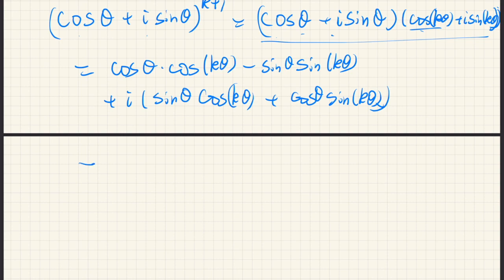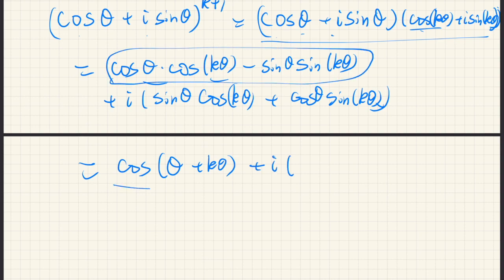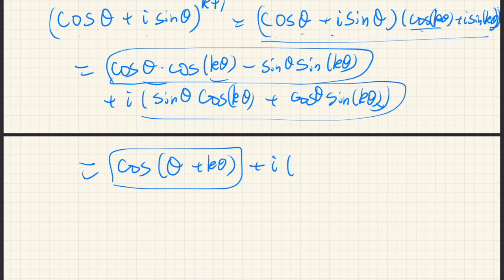And using the previous formula we have just proved above, this should be equal to cosine of theta plus k theta, plus i times sine of theta plus k theta.